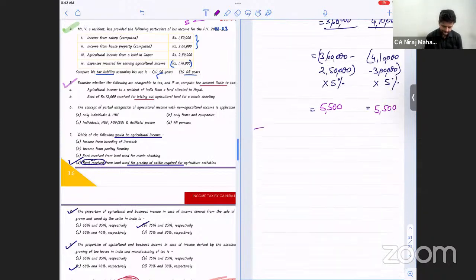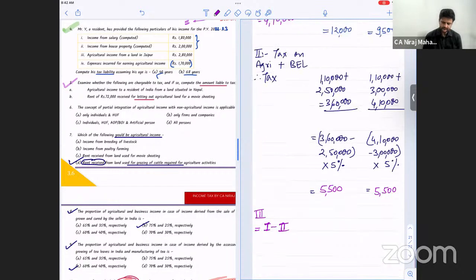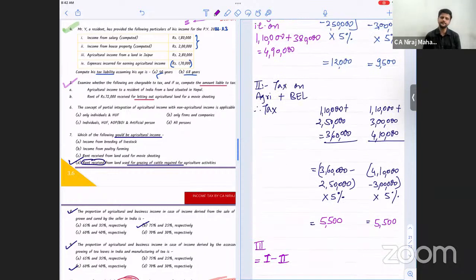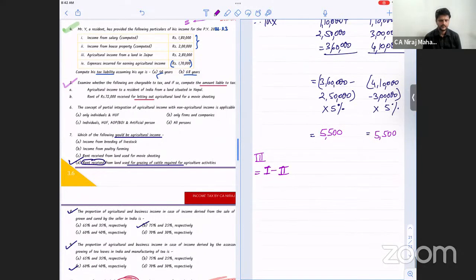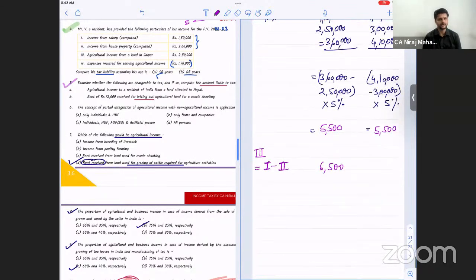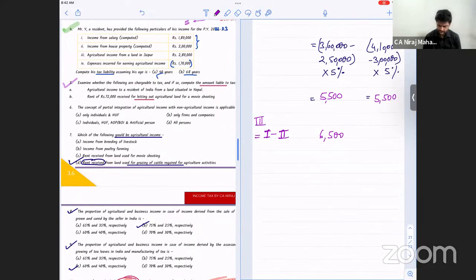So step 3 is 1 minus 2. 12,000 minus 5,500 is what? 6,500. And here 9,500 minus 5,500 is 4,000. Fine. And then further steps.